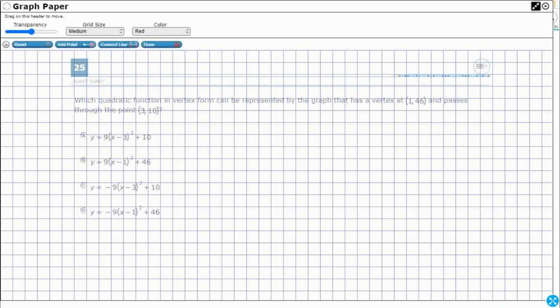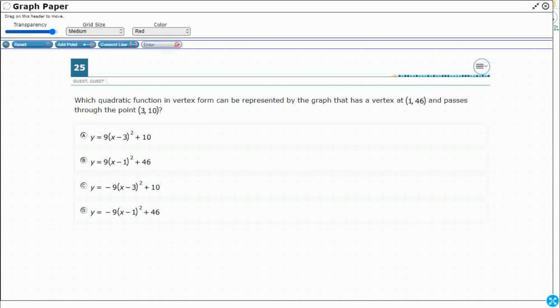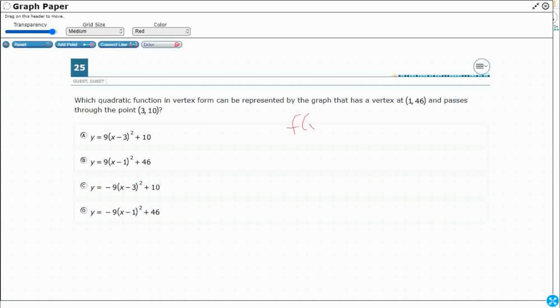So what are we supposed to do here? Well, we're supposed to find something that looks like this, and I'll go ahead and write that: f of x equals a times x minus h squared plus k. Now, one thing that is not on your reference materials, but you need to know, is that this is called vertex form because your vertex can actually be found if you can get your function to look like this.